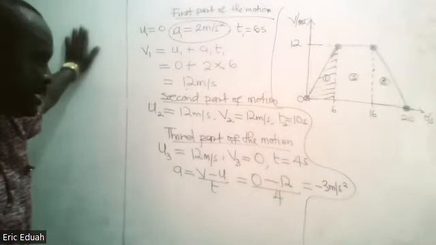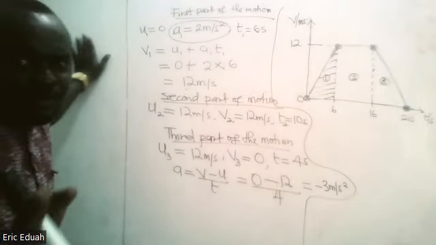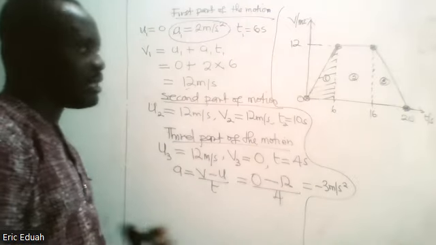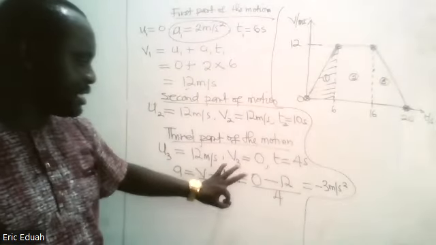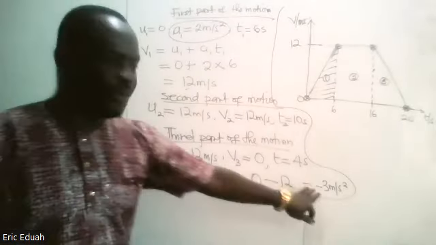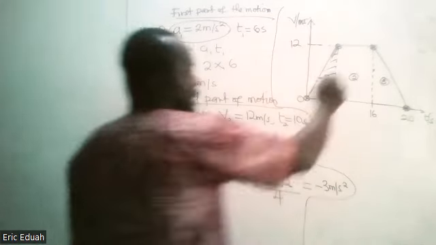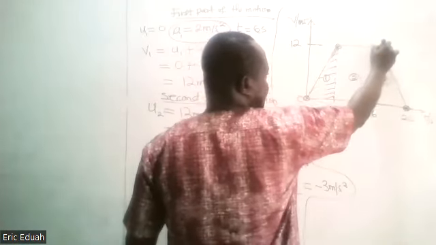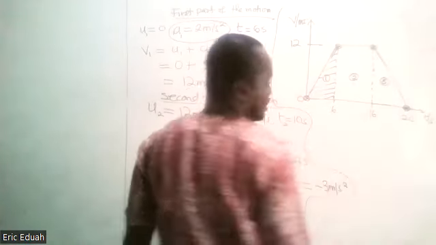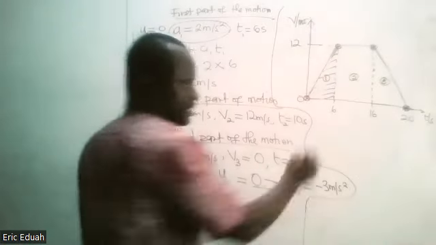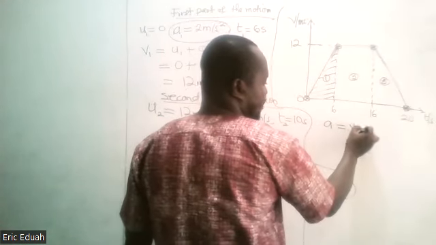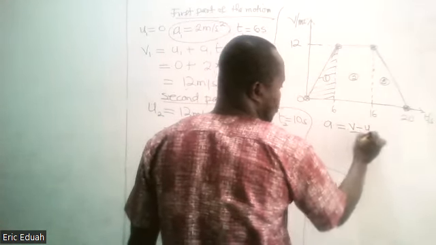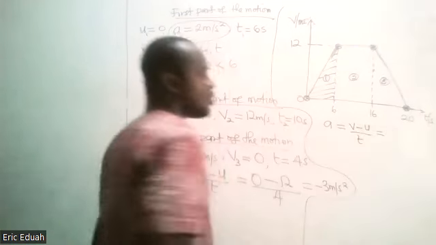The first possibility. Oh, before we move on to the distance, I spoke about the acceleration. We earlier also calculated the deceleration, which gave us -3. We can also find the slope of the third part of the motion to find the deceleration. So a is equal to change in velocity with time, delta v.